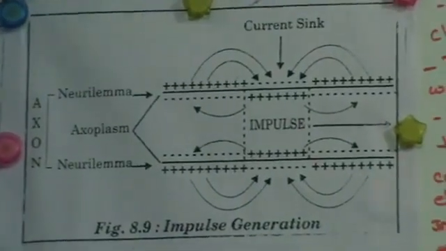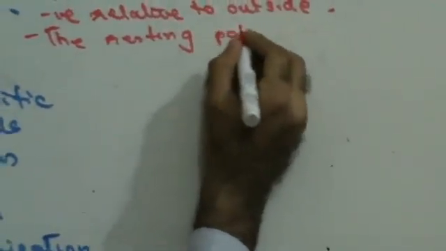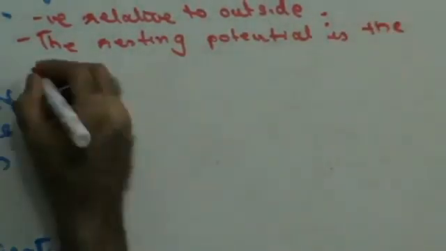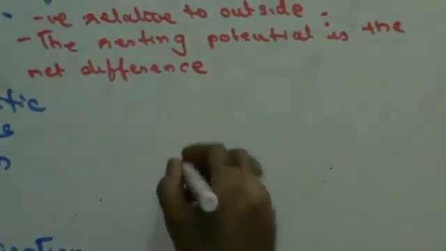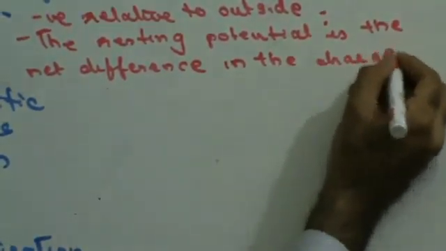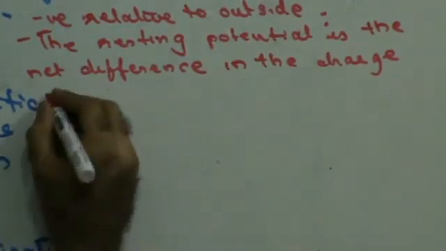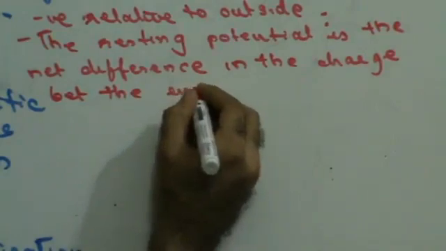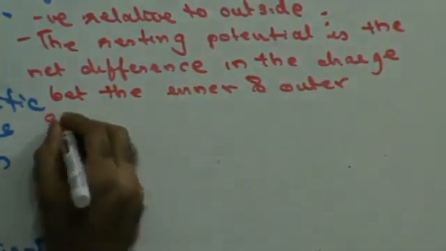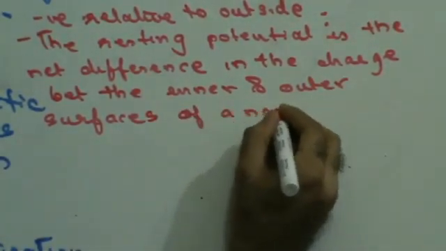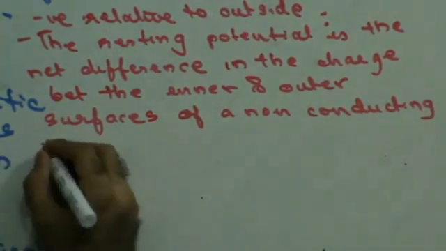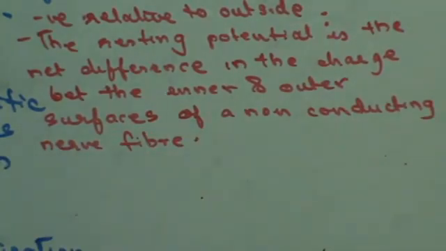So the resting potential is the net difference in the charge between the inner and outer surfaces of a non-conducting nerve fiber. Right, that's your minus 70.